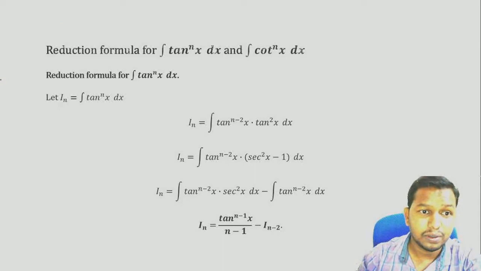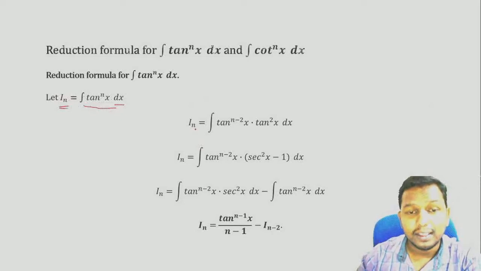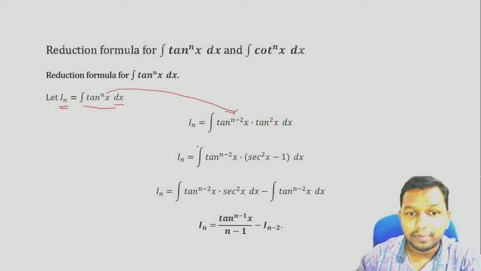So we consider the integral function, integral of tan^n x dx, as I_n. Then I_n is equal to the integral of tan^n x, which I rewrite as tan^(n-2) x into tan^2 x.